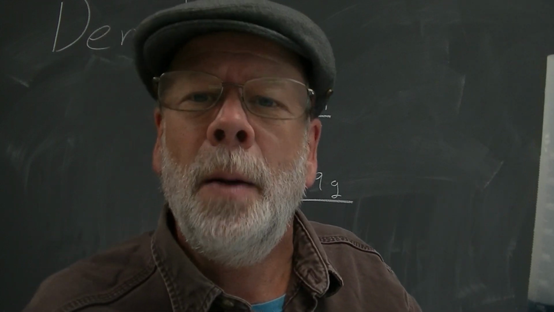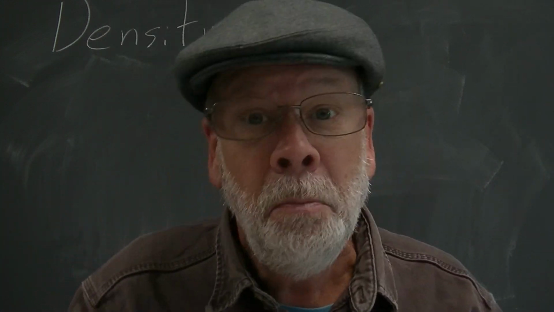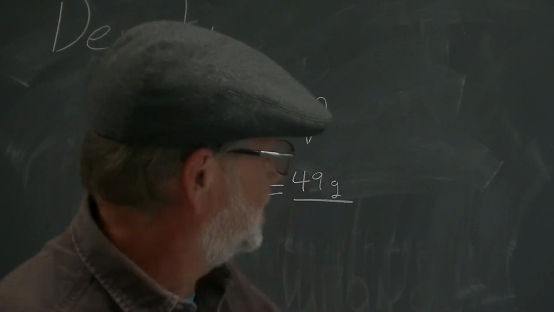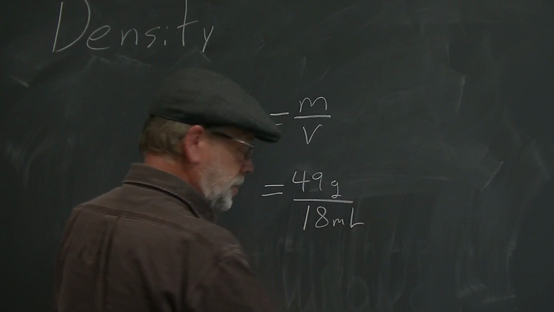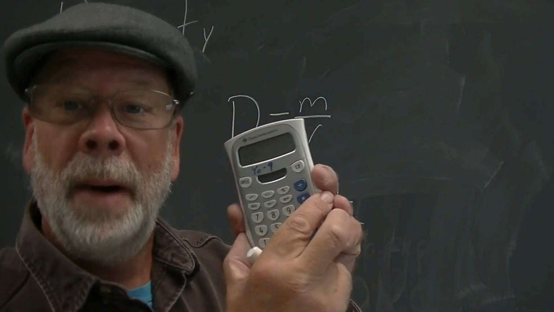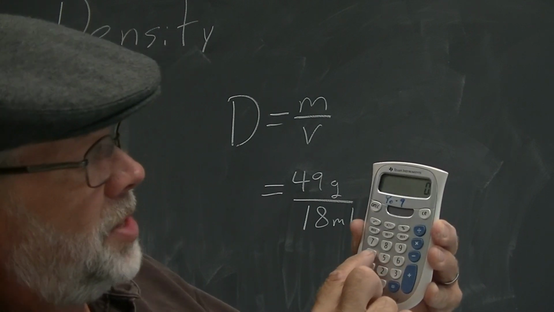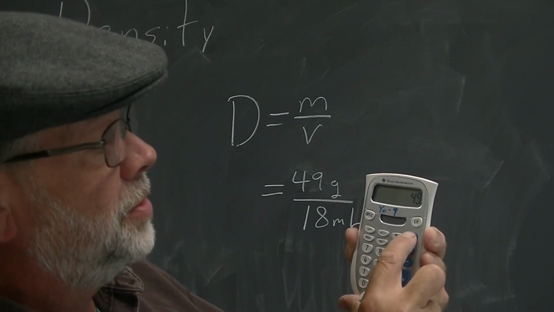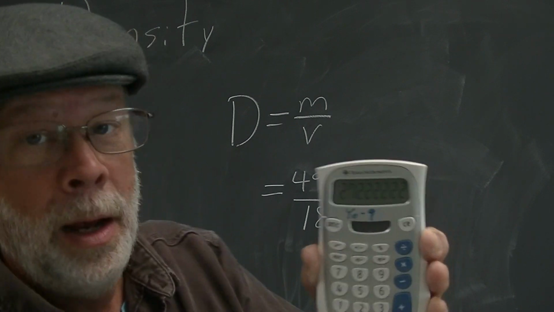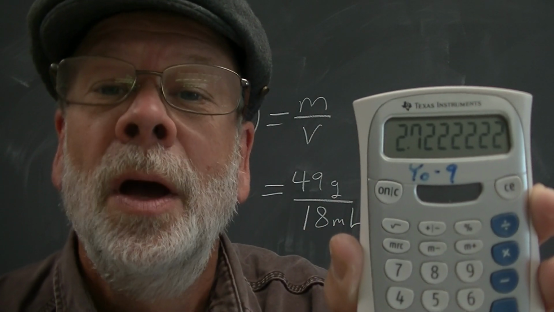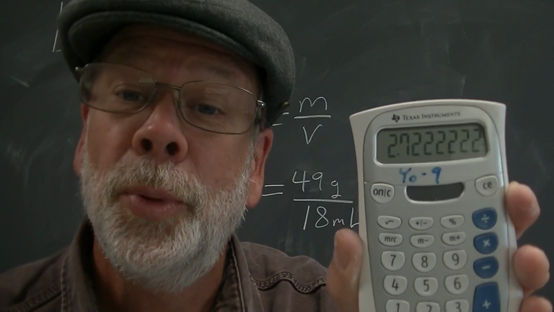That would put it at about, and all I could say is about, this is not going to be a great measurement, but it's good enough. So it's about 18 milliliters. So if I take my calculator and turn it on, and I say 49 divided by 18, look at what that equals. About 2.7 grams per milliliter.